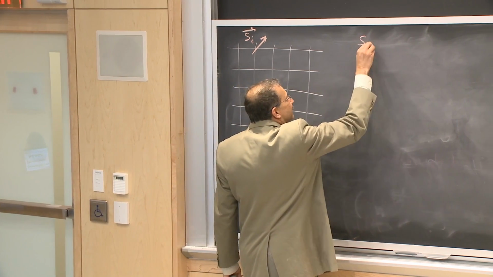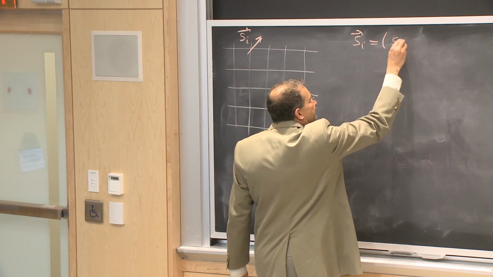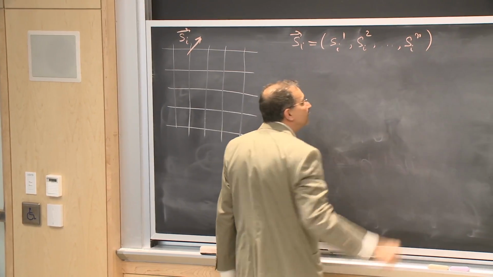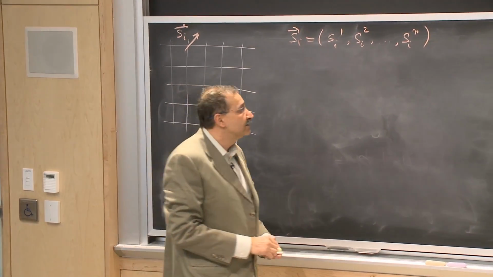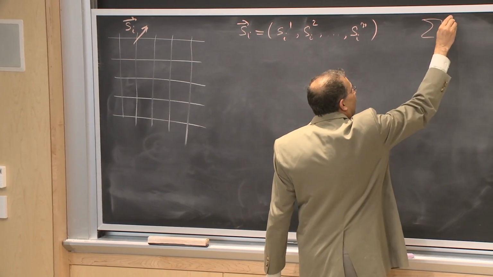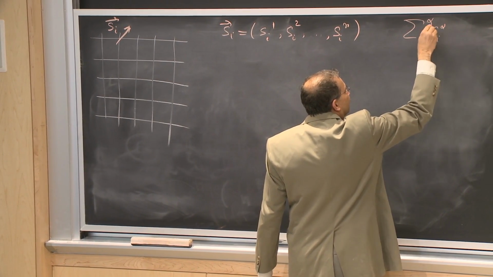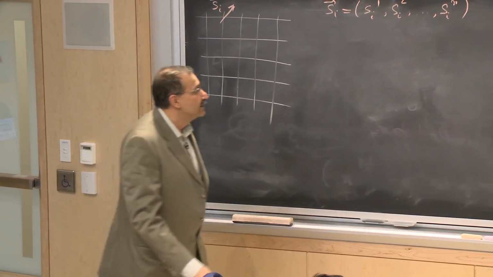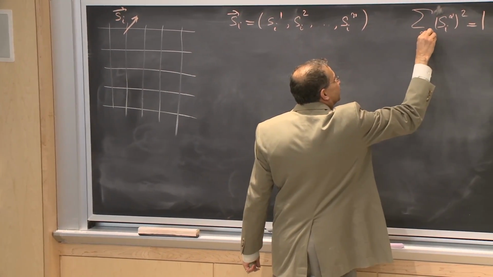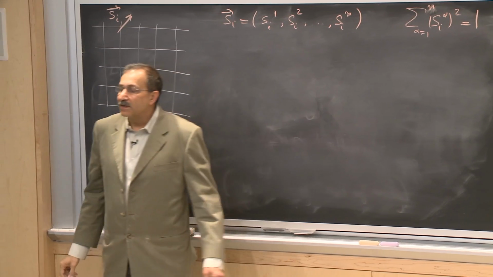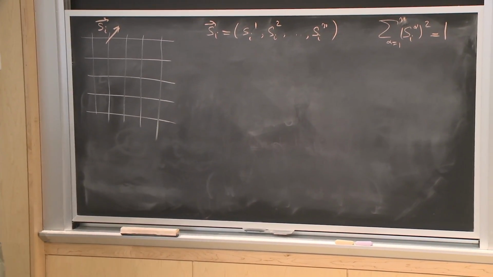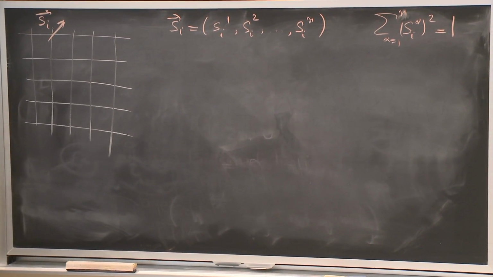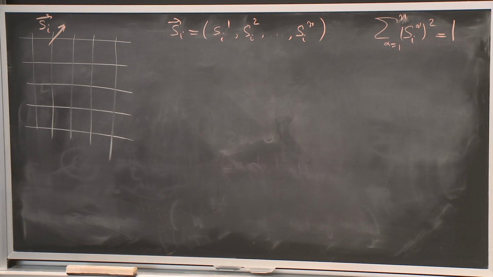That is, S_i has components 1, 2 to n, and the constraint that the sum over alpha of S_i alpha squared is unity. So clearly, when I look at the case of n equals 1, essentially I have one component whose square has to be 1, so it's either plus or minus. We recover the Ising variable.